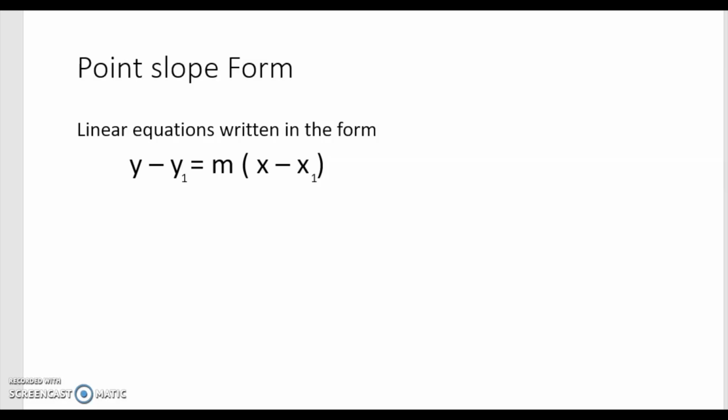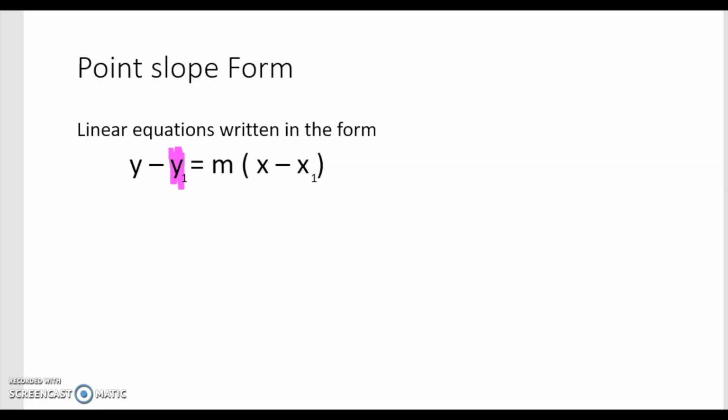So that would enable us to use point-slope form in order to graph our equation and in order to solve our equation. So point-slope form is y minus y1 equals m times x minus x1.